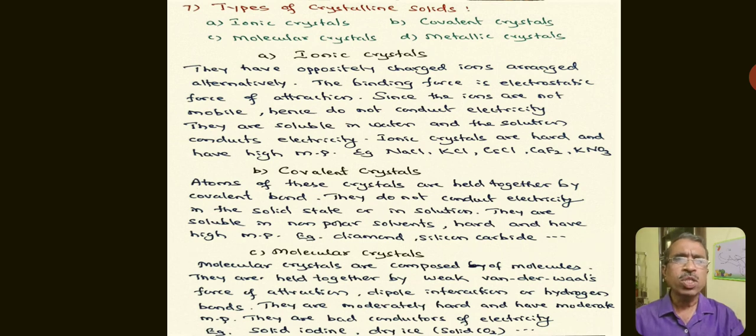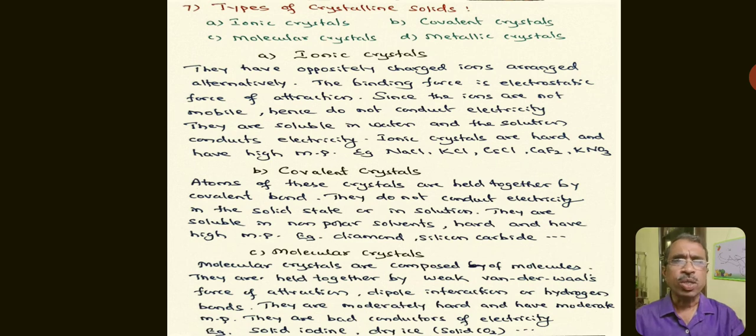Since the ions are not mobile, they do not conduct electricity. They are soluble in water and the solution conducts electricity. Ionic crystals are hard and have a high melting point. The examples are sodium chloride, potassium chloride, cesium chloride, calcium fluoride, potassium nitrate, and so on.